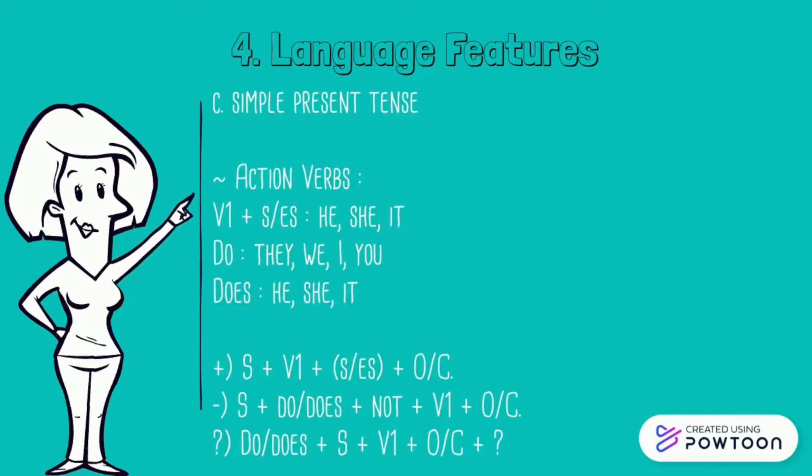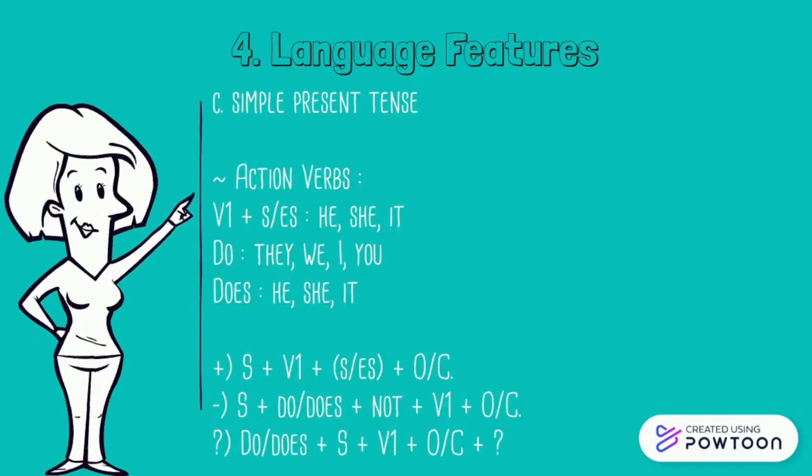for future events. Jadi, ketika kalian akan membuat sebuah kalimat action verb, maka yang perlu diperhatikan adalah penggunaan dari subjek itu sendiri. Jika kalian menggunakan subjek he, or she, or it, maka verb yang digunakan harus ditambahkan dengan s atau es. Sementara untuk penggunaan do or does hanya dipakai dalam kalimat negatif dan interrogatif.